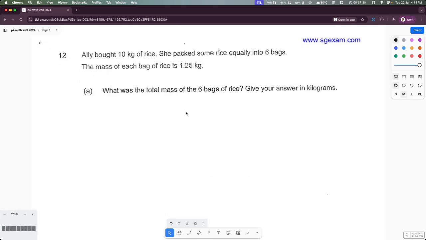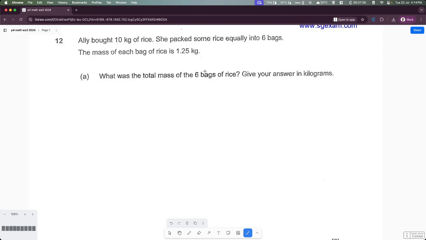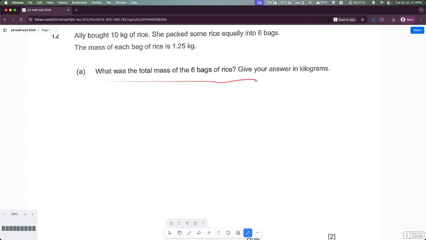Ali bought 10 kg of rice. She packed some rice into 6 bags. The mass of each bag of rice is 1.25 kg. What's the total mass of 6 bags of rice? Give your answers in kilograms. Pretty straightforward.